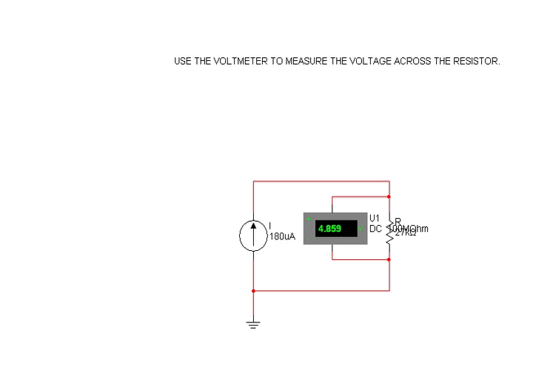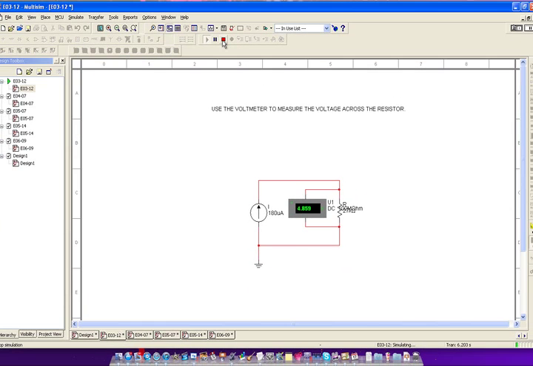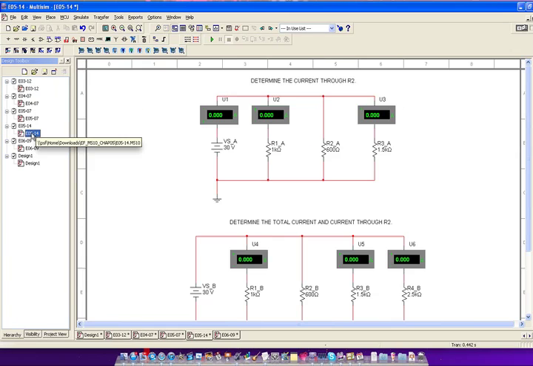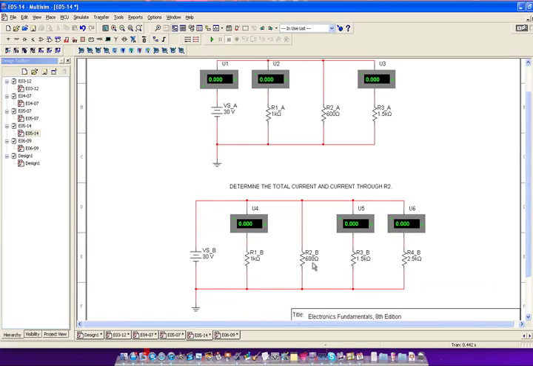Okay, now let's go to the next example. In this problem, we're going to determine the current through R2 here, and also R2 here, R2A and R2B.